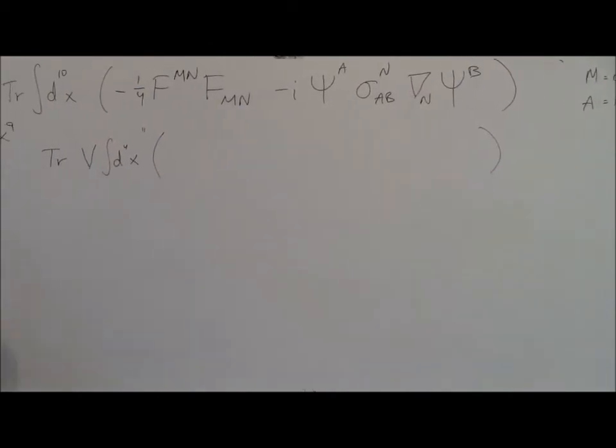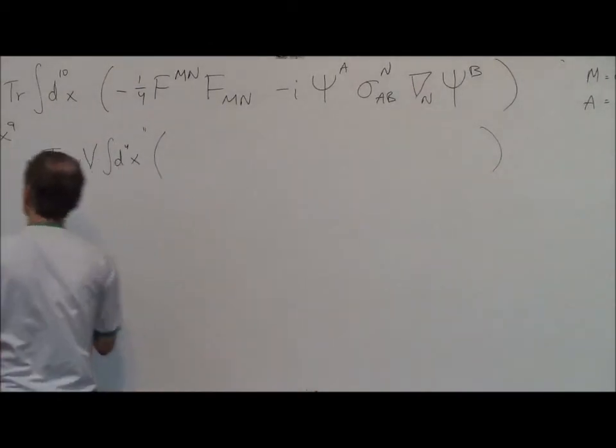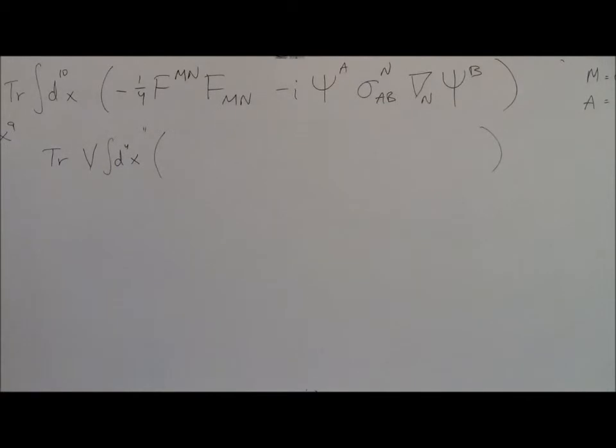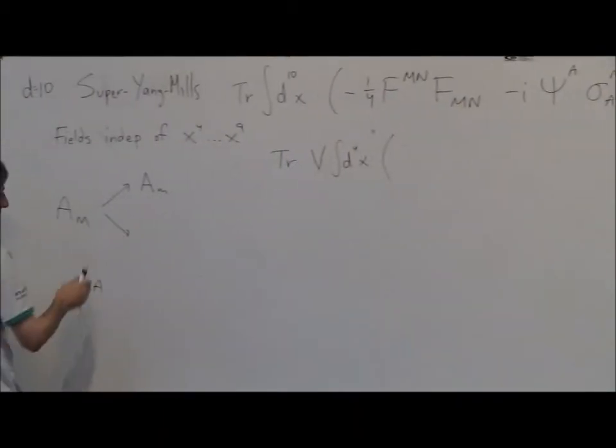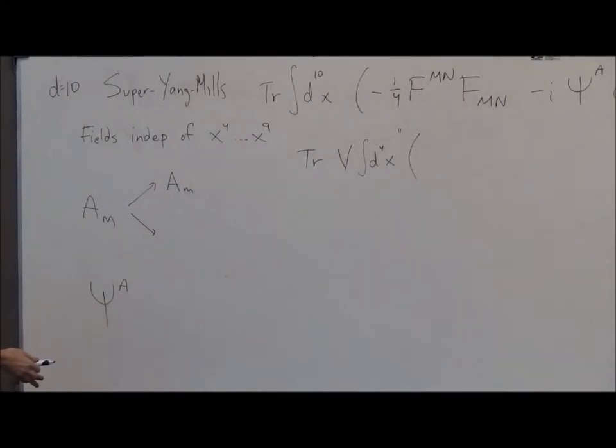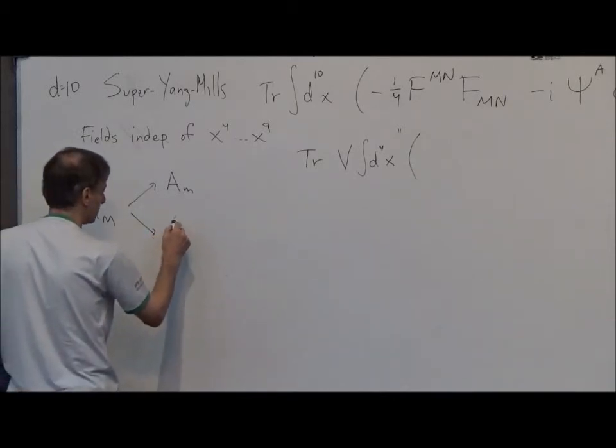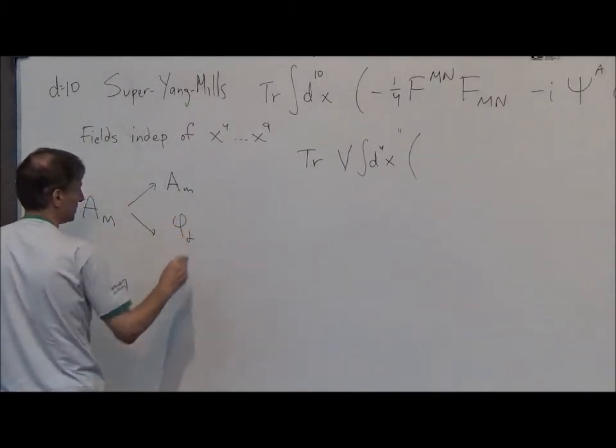Okay, so how do these fields dimensionally reduce? Well, obviously there are 10 different components of A_N, and there are 16 different components of psi_A. So these are going to decompose into 4 components of a 4-dimensional gauge field and 6 other components, which will be scalars under 4-dimensional Lorentz transformations. So let's say J is 1 to 6.